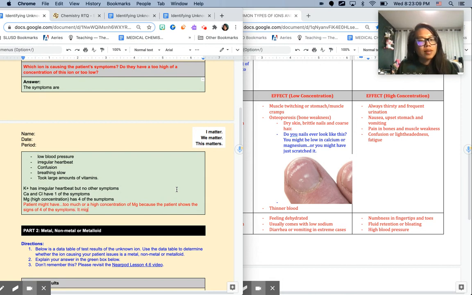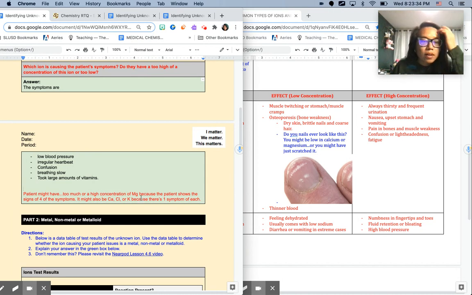It might also be Ca, Cl, or K because there's one symptom of each. All right, so I'm abbreviating a lot here, but I would definitely go into a little more detail with how do you know what symptom you're actually looking at, and is there too much or too little of calcium, chlorine, or K, potassium. Okay. So that's part 1.